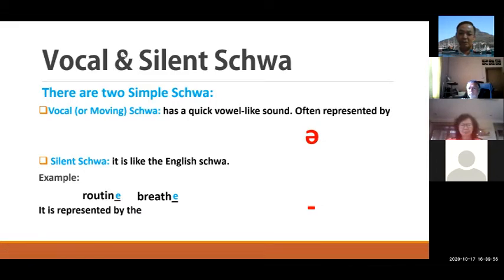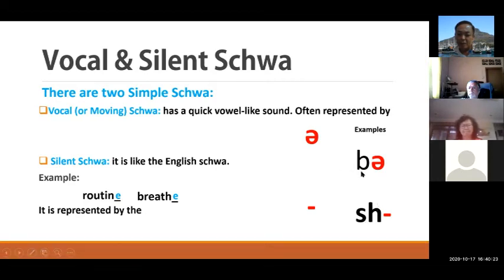So there are two schwas. One is the vocal schwa, like this. The other one is a silent schwa. How do we know whether it's a vocal or a silent schwa? We will look at it later. Now, here you can see an example of a vocal schwa, and then there's another one which is the silent schwa.